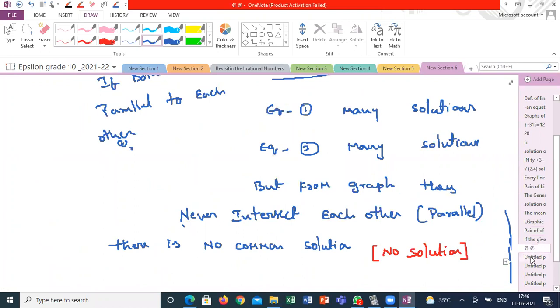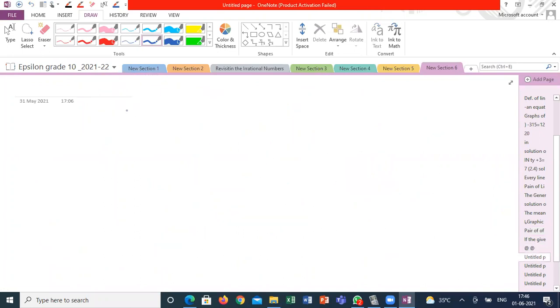What is the third one? What does the third one represent? A line lying on another line. Correct? This is a line, and if I trace another line, it also comes on the same line only.